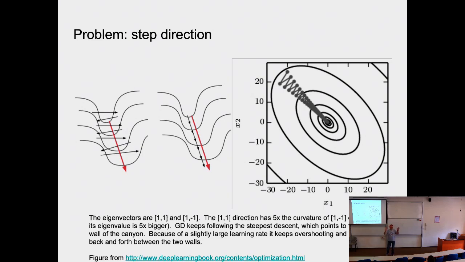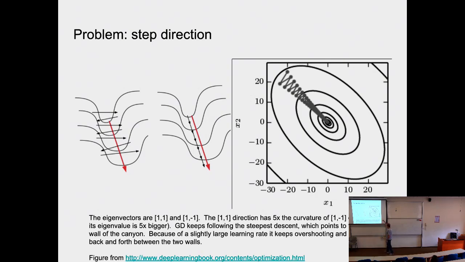Is it changing faster or slower? It's changing faster, so that means higher curvature, higher second derivative. In (1, -1), this direction is changing slower, so it has lower curvature, lower second derivative. In fact, in this case, the first eigenvalue is 5 times bigger than the second eigenvalue.